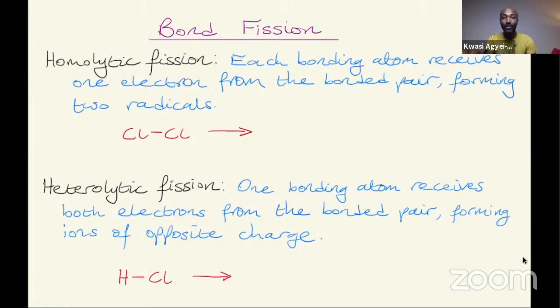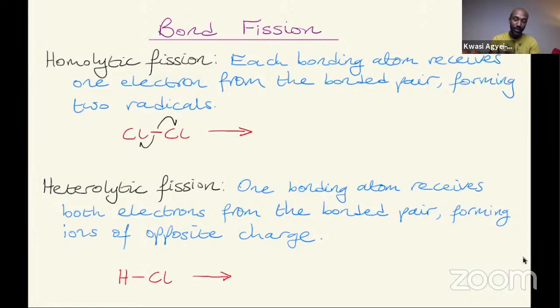So in the case of the chlorine molecule, you've got a covalent bond between two chlorine atoms. That covalent bond, of course, contains a bonded pair of electrons. So if we use half-headed arrows to show the movement of a single electron, you're not required to use these half-headed arrows on the OCR course, but it gives you something analogous to the double-headed curly arrows that you've been using in your reaction mechanisms.